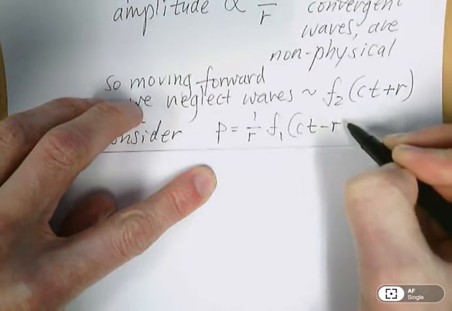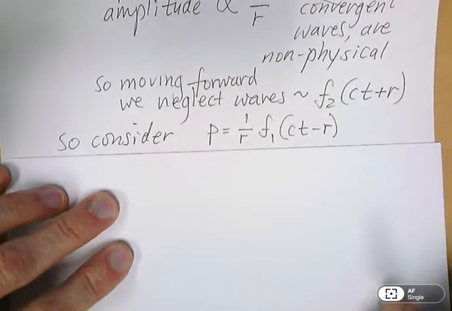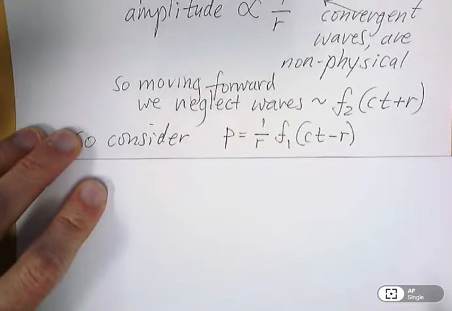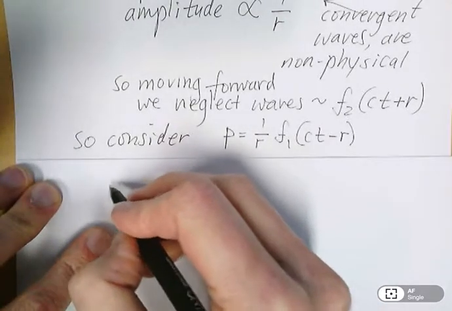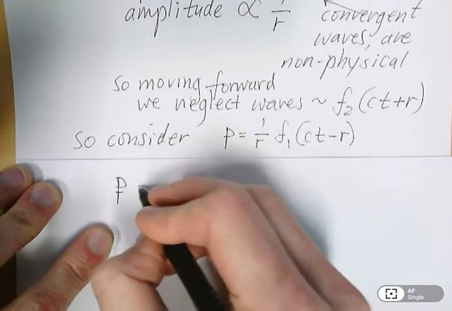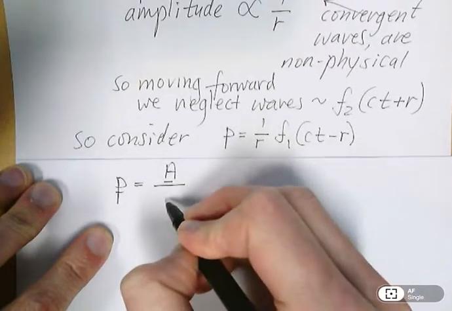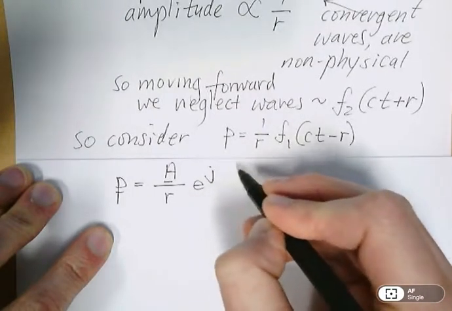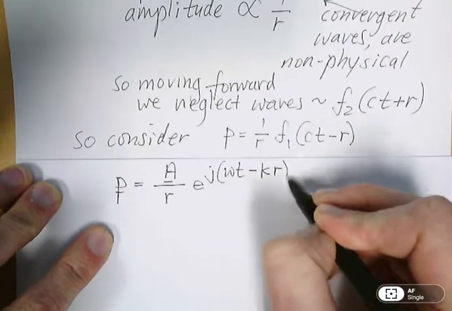And if we do that substitution and do similar operations as we have done with harmonic acoustic plane waves, we find that the complex spherical acoustic waves are of the form the complex amplitude divided by r, multiplied by e to the j omega t minus k r, x being simply replaced with r.